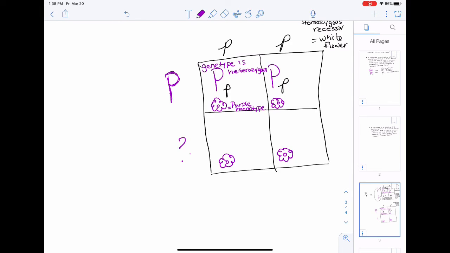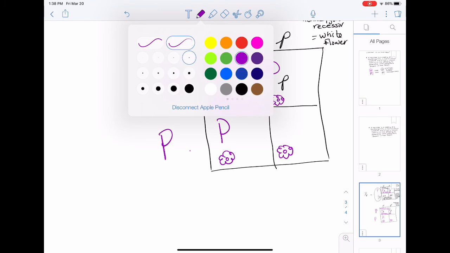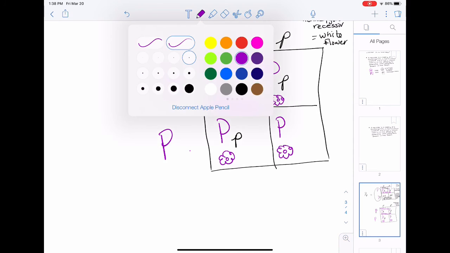So what does this father have to give? He's got to give a big P down here as well. So here would also be big P, little p, big P, little p.